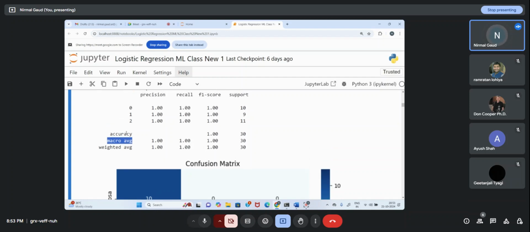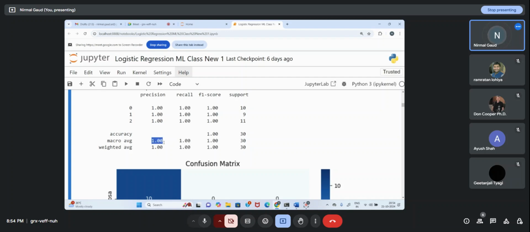Macro average means this plus this plus this divided by 3. Average, right? So I need to take the average of the values which are present here. So 1 plus 1 plus 1 divided by 3.